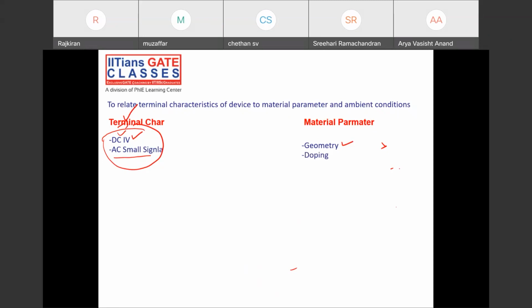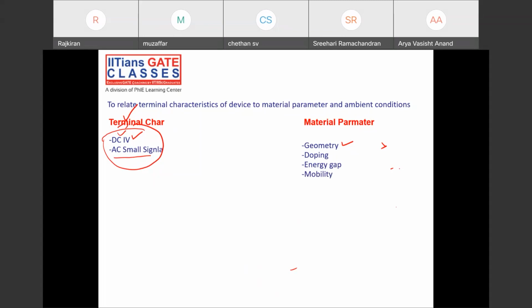Second, we will understand how doping affects it. Doping is nothing but intentionally adding some impurity in order to change the conductivity, right? We will understand how doping is affecting the characteristic. Next, if you take silicon or germanium, their band gap is different, so how this band gap affects your DC and AC characteristic.